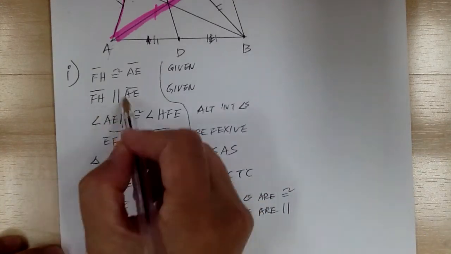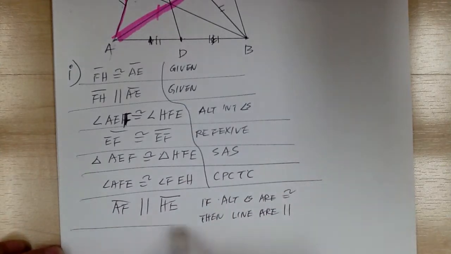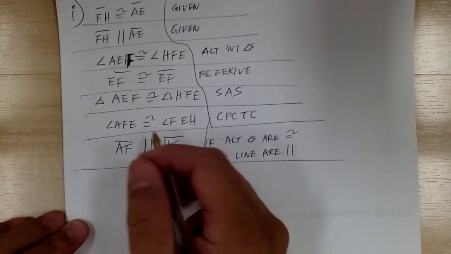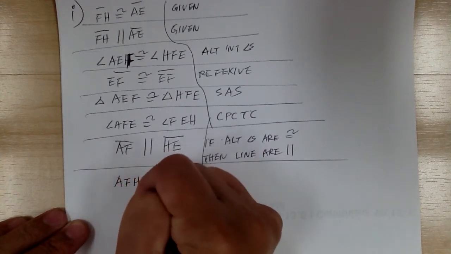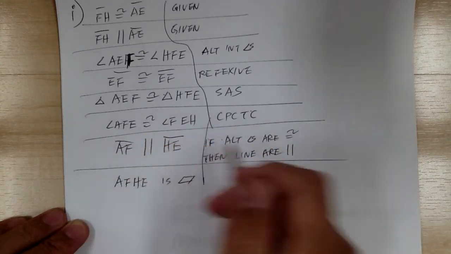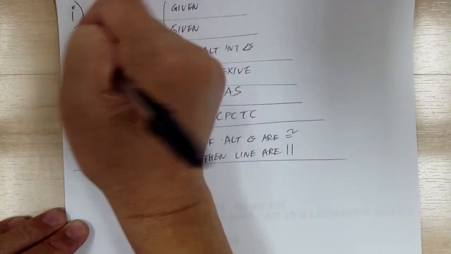Okay, so we're kind of doing a regular geometry proof. And then after that, AFHE is a parallelogram, because we have this over here, and we have this over here.